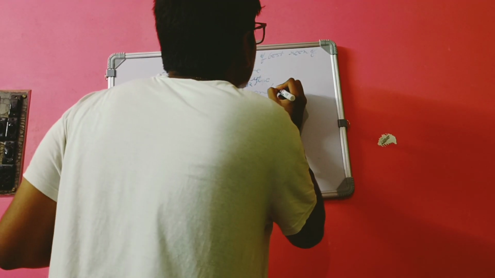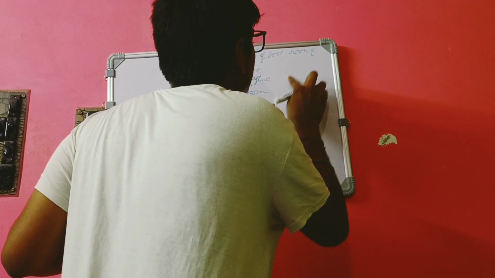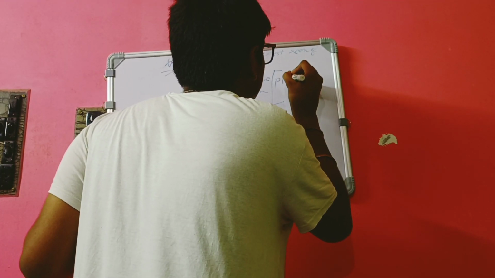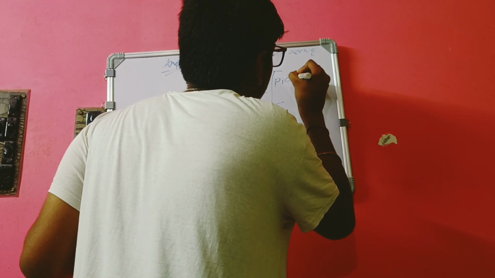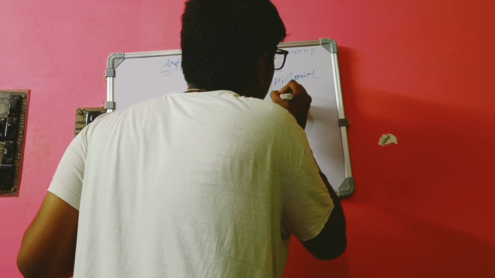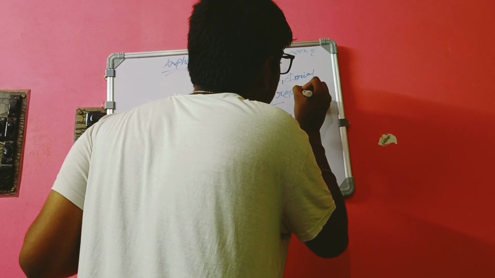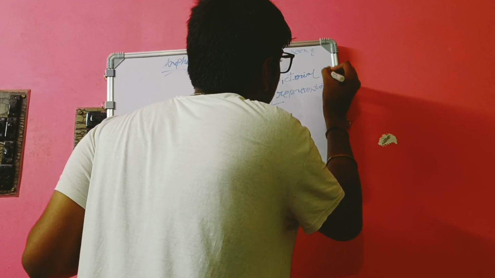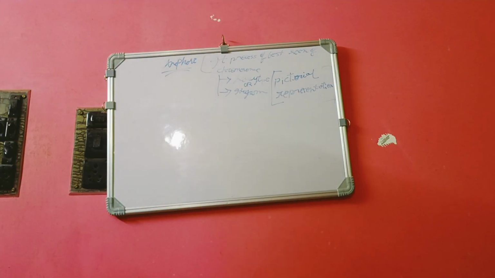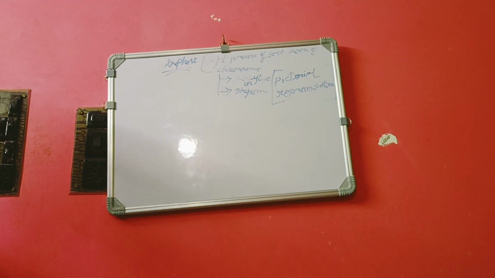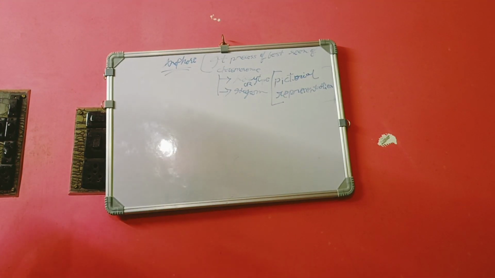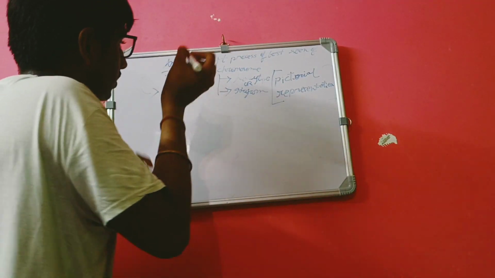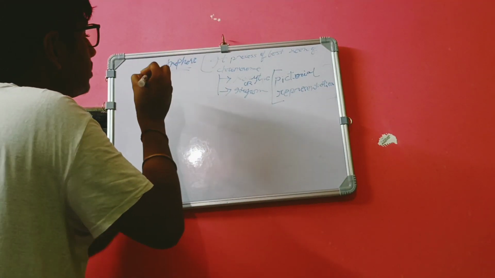Both karyotype and ideogram are pictorial representations. Now the most important point, what is the important point? Here we see both the chromosomes.